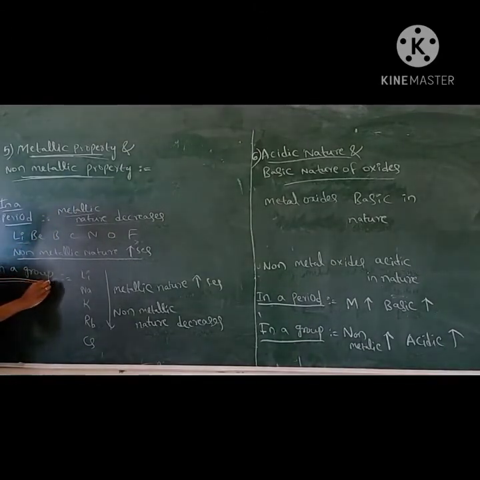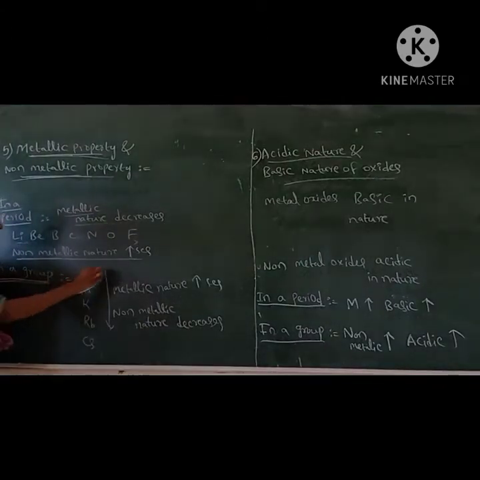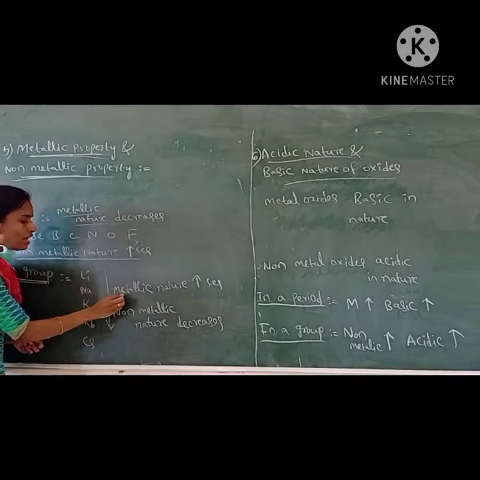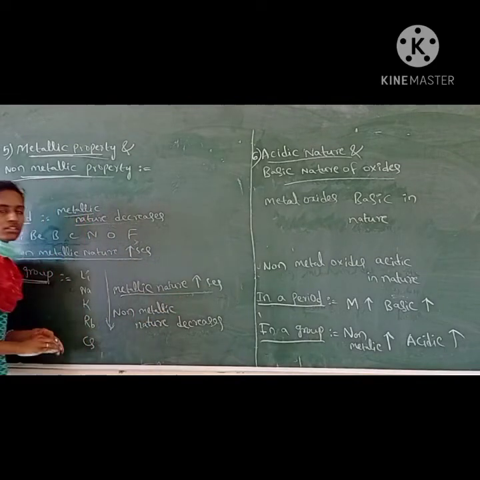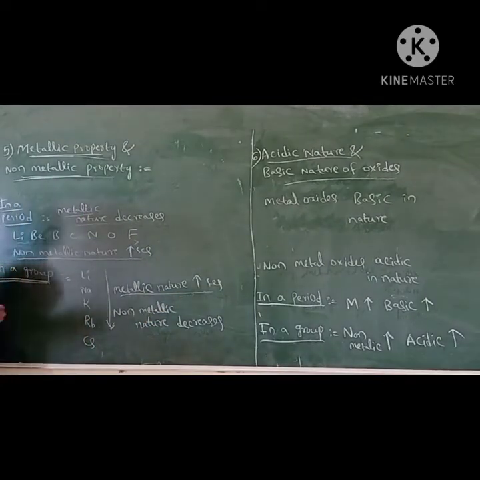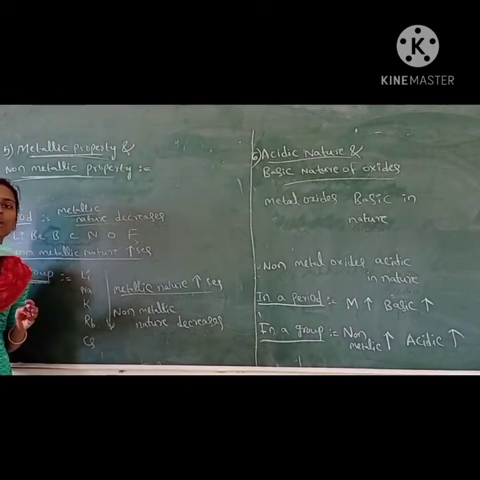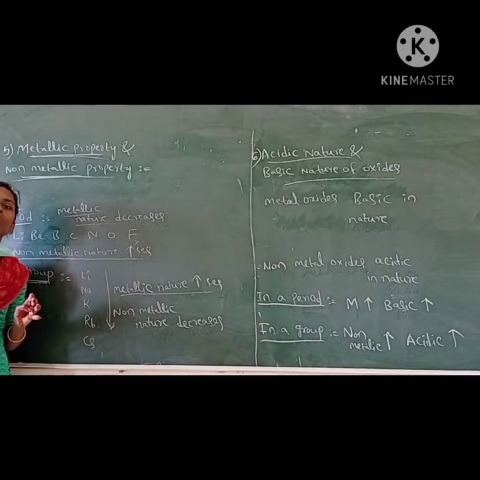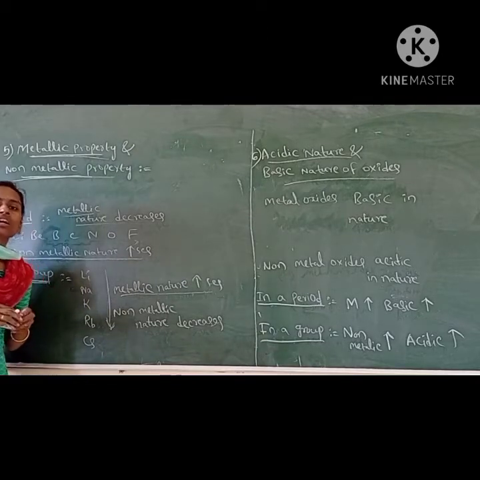Suppose in groups, if you go from top to bottom, metallic nature increases. Because of increase in size or number of shells, they readily lose the electron. Low ionization energy and high atomic size, they readily lose the electron.